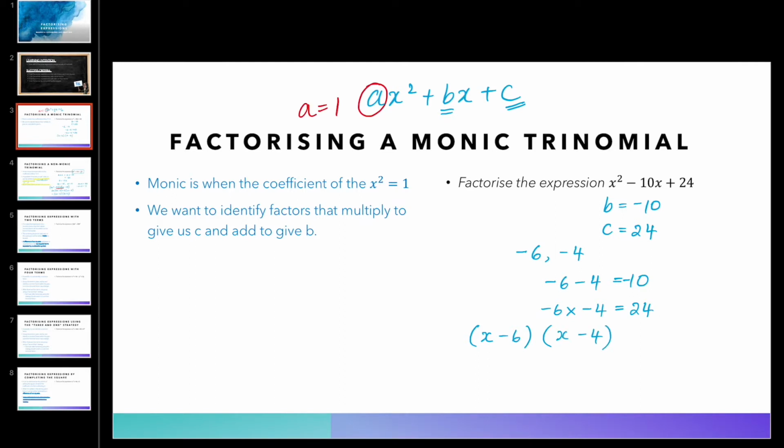So the factorised form of x squared minus 10x plus 24 is bracket x minus 6 times x minus 4. If you want to check that your factorising technique was correct, you can always go back and expand your answer and see whether it matches the original question.